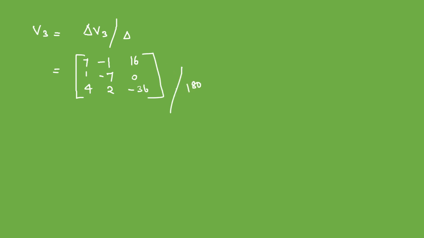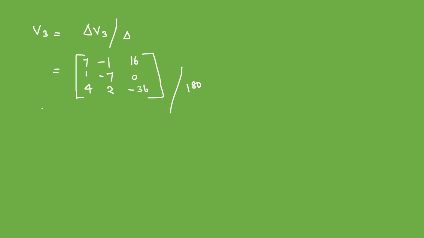So now we want to find out V3. V3 is del V3 divided by del. So del V3 is 7, 1, 4. Then here we have minus 1, minus 7, then it is 2. Here we have 16, 0, minus 36. Okay, that divided by del is 180.